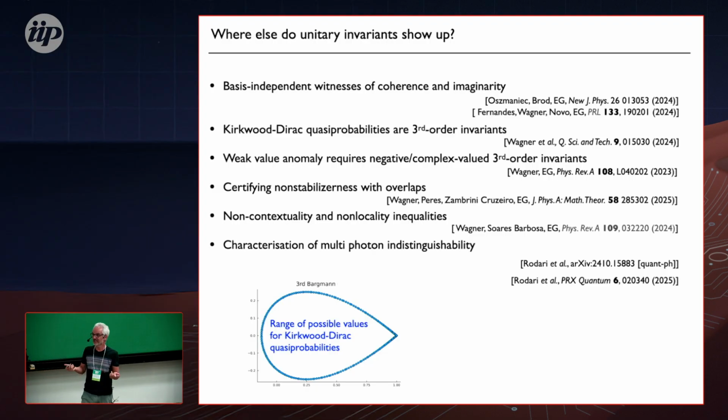They're actually the same thing, okay? It's just that you can look at one state as being preparation and the others as being measurements. And you're finding bounds for non-contextual models the same way you're finding bounds for coherence-free states, states that can be diagonalized, okay? It's the same thing. And finally, these are useful for the characterization of multiphoton distinguishability.